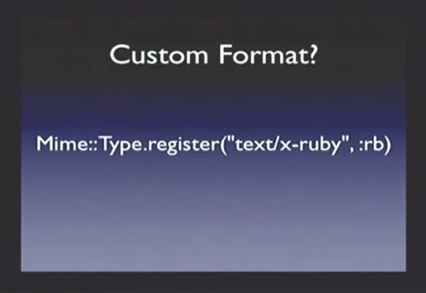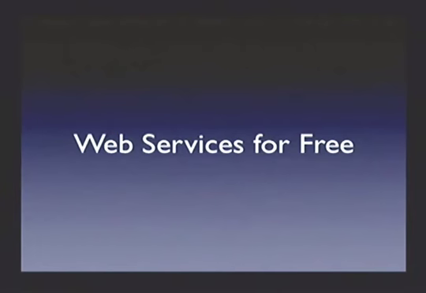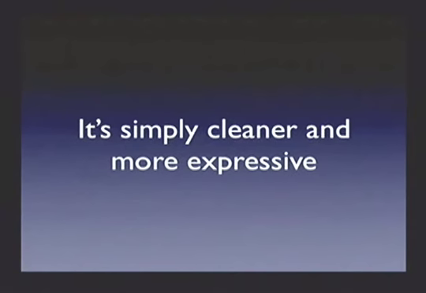And that's really useful when you're writing web services. Using Simply RESTful basically gives you web services for free, which is actually what Chris is going to speak on next. So I'm not going to go into that. But really, the reason that I've moved to writing RESTful apps is that it's just cleaner and more expressive.